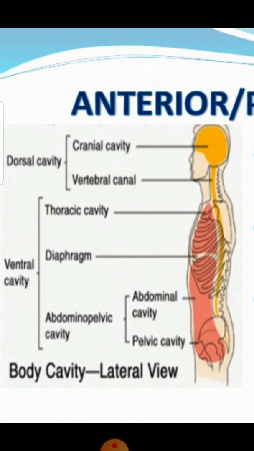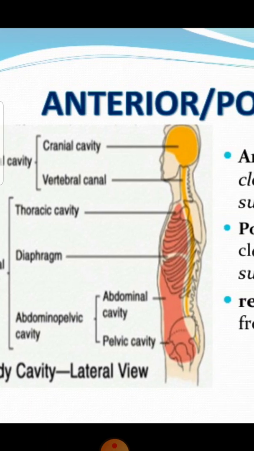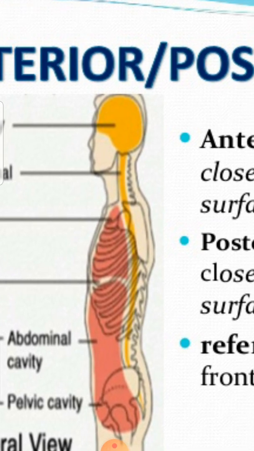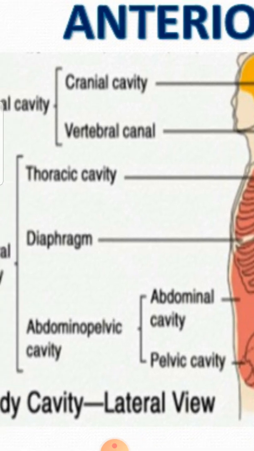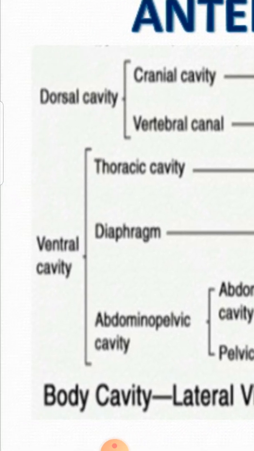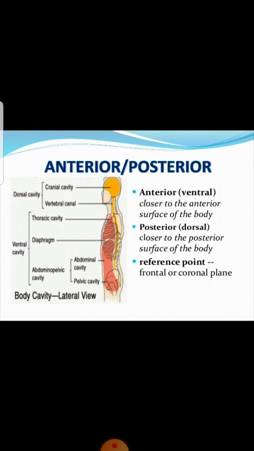While the cranial cavity or the vertebral canal, as you can see that your vertebral column is more posteriorly, so the structures related to that are the dorsal cavities.